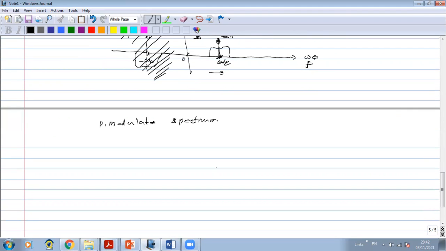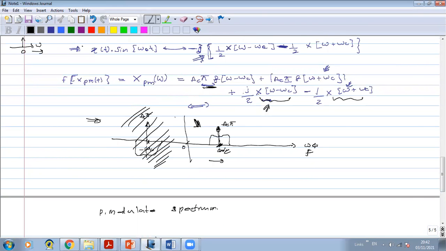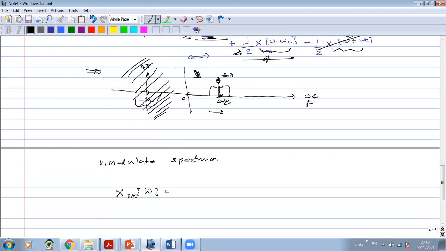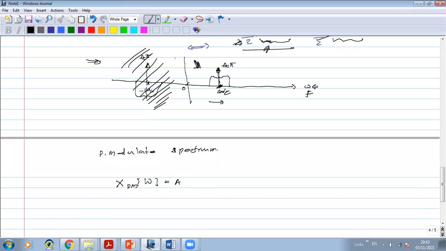Like this, we have capital X phase modulated spectrum, and we have only these terms. These other two terms we normally don't consider, so we only consider the plus frequency terms.